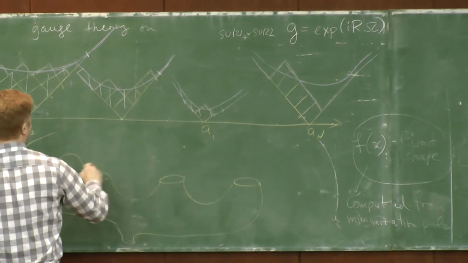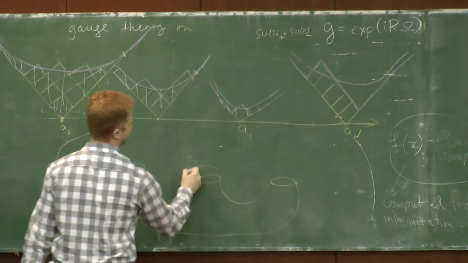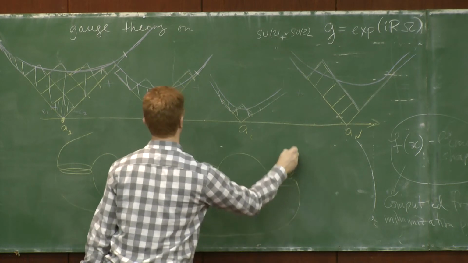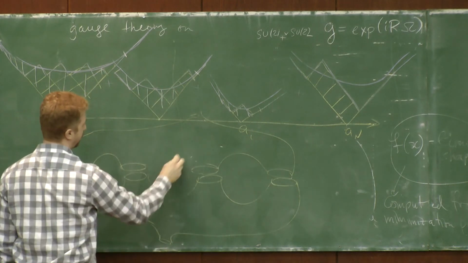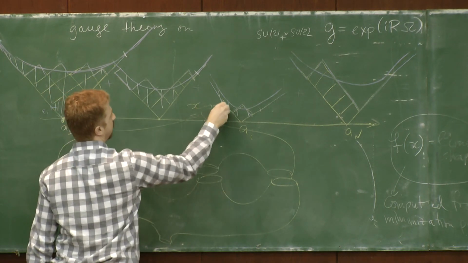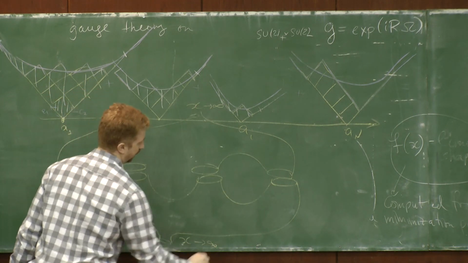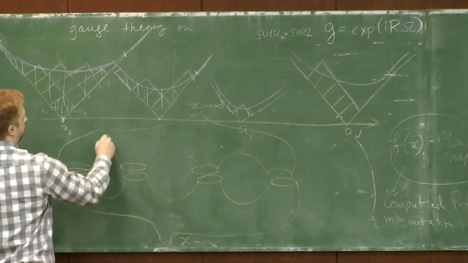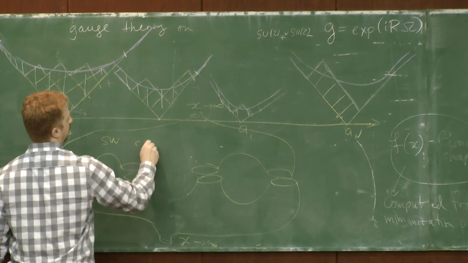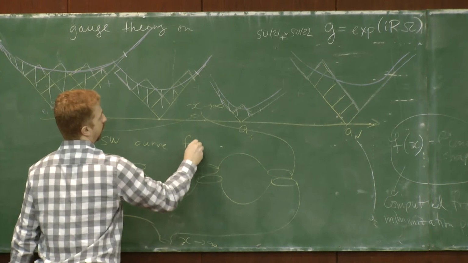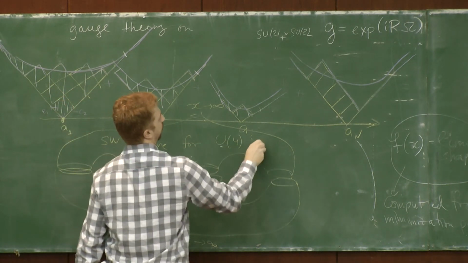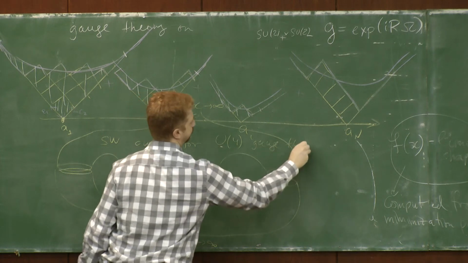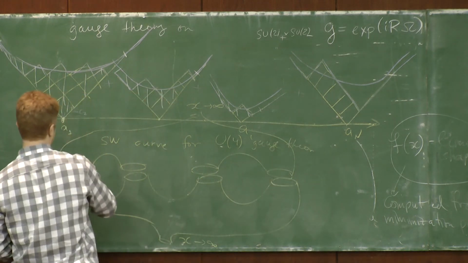And so then you take the second copy, and you get the complete curve. So this is where the x goes to infinity, here and there. And so that's the Seiberg-Witten curve for U4 gauge theory.